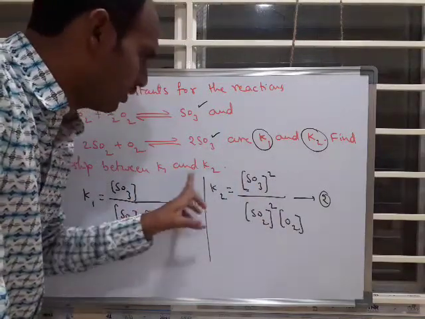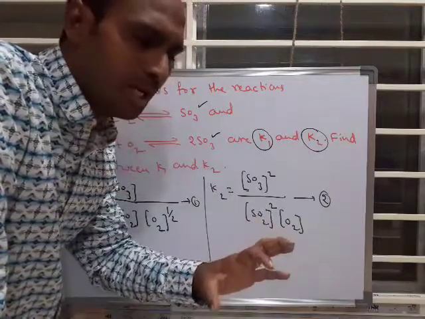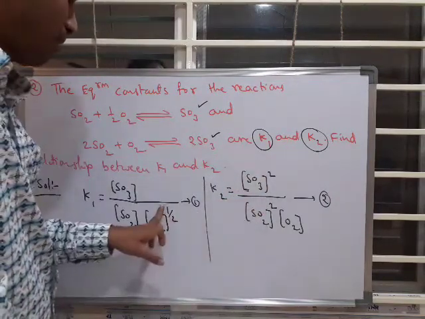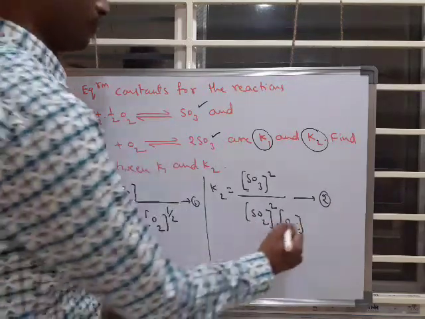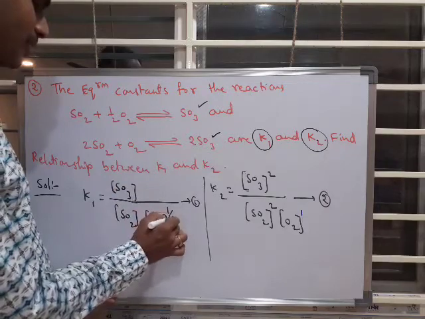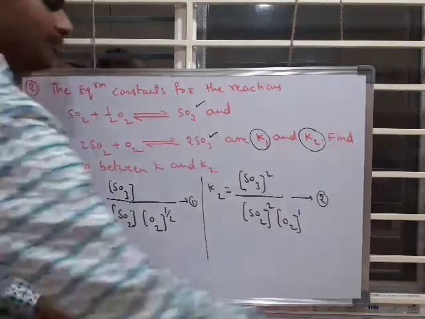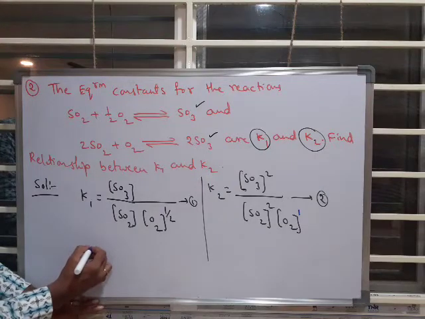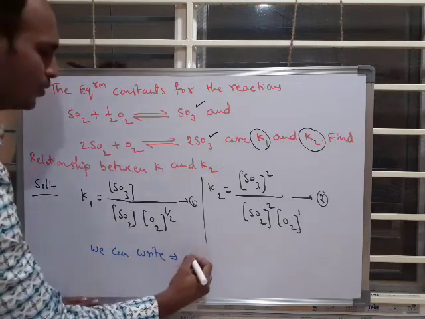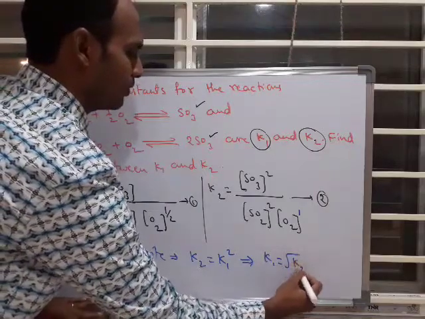SO3 is in the numerator, and this is also in the numerator. The denominators are the same, but the difference is in the powers. If we match the powers, it is enough. Here power 1, here power 2; here power 1, here power 2; here power 1/2, here power 1. So square K1, and on squaring the 2s cancel. So simply K2 is equal to K1 squared. We can observe it easily. So directly we can write K2 is equal to K1 squared, or K1 is equal to root K2, just depending upon the options.